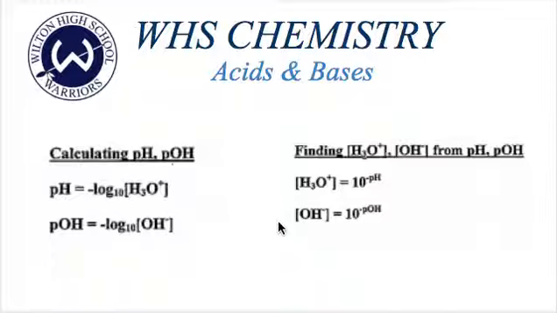And then if you're finding the concentration of OH minus ions, you're going to do 10 to the negative pOH. It's key that when you're dealing with acids and bases, like the math and the formulas, watch out for units. With the concentration, everything is moles per liter of solution. And then you also have to watch out for these negative signs. You don't want to mess that up because that would be a silly mistake.